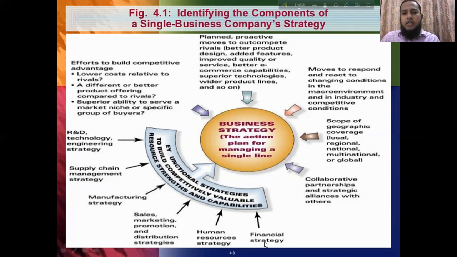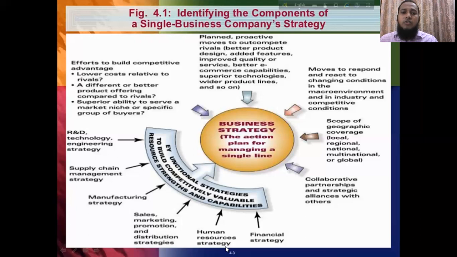Okay, dear students, in case of financial strategy, the company must think about what will be the sources of income for the business, what are the areas the company has to expand, and how they can generate much more profit from different sectors, how they can ensure proper investment of their capital in a secure sector.